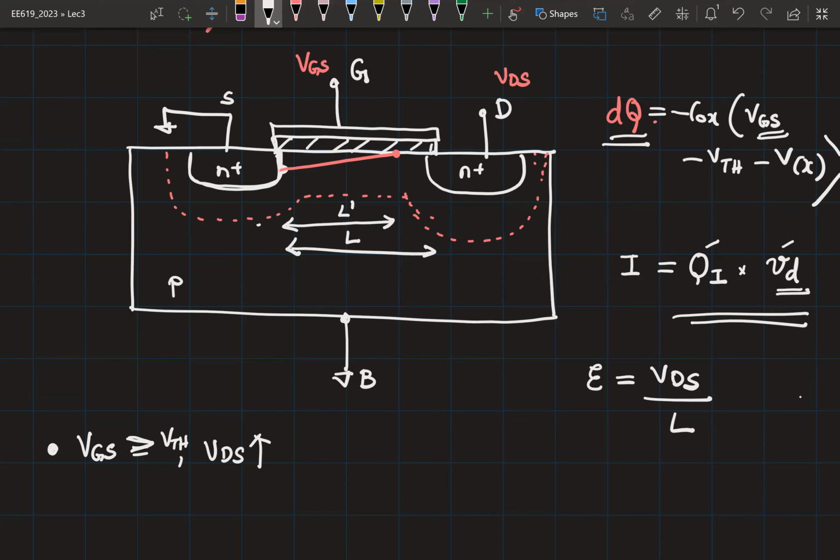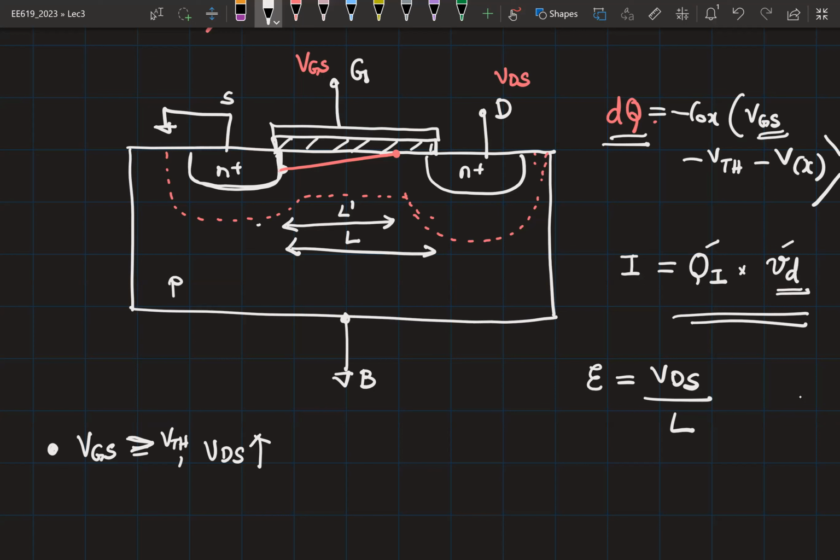As before, we will assume that this L dash is very, very close to L. So basically, we are right now assuming that the channel length has not changed much. What happens if I increase VGS? The inversion charge increases, so you can expect the current to increase.